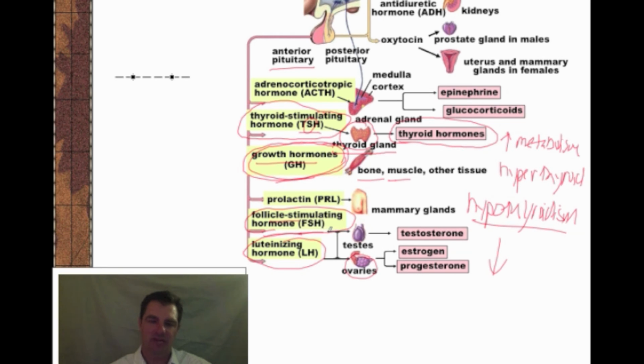So with follicle stimulating hormone, the follicles end up being the sperm in the case of males and the eggs in the case of females. And then luteinizing hormone, or LH, is responsible for, in males, primarily producing testosterone, and in females producing estrogen and progesterone, which we'll also talk about when we do the male and female reproductive tract coming up next week.